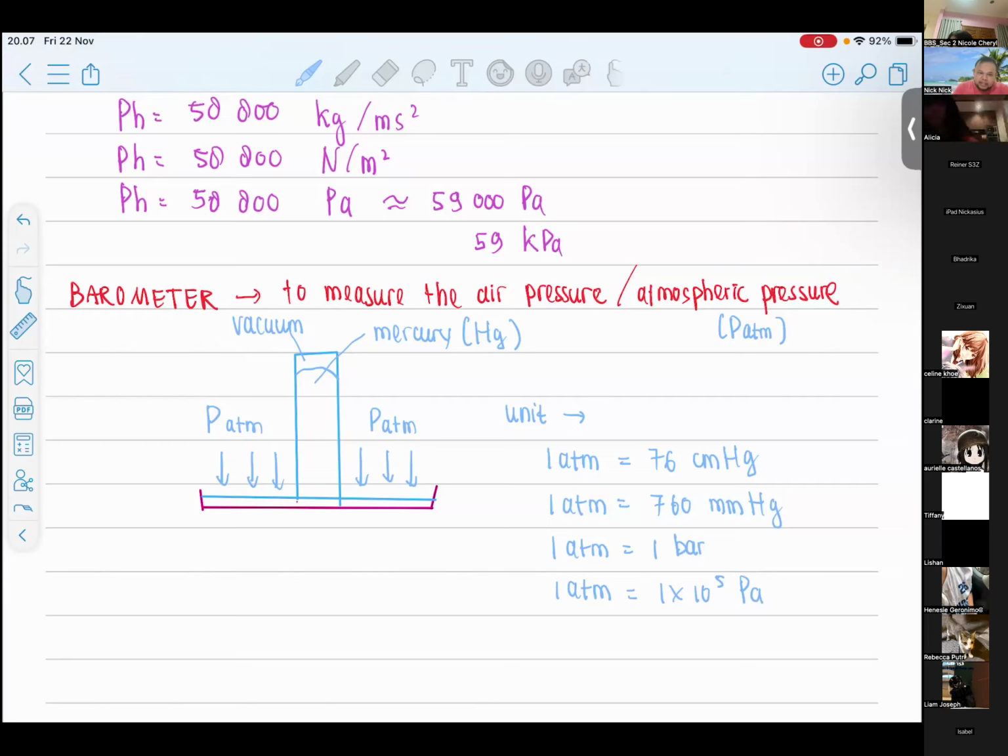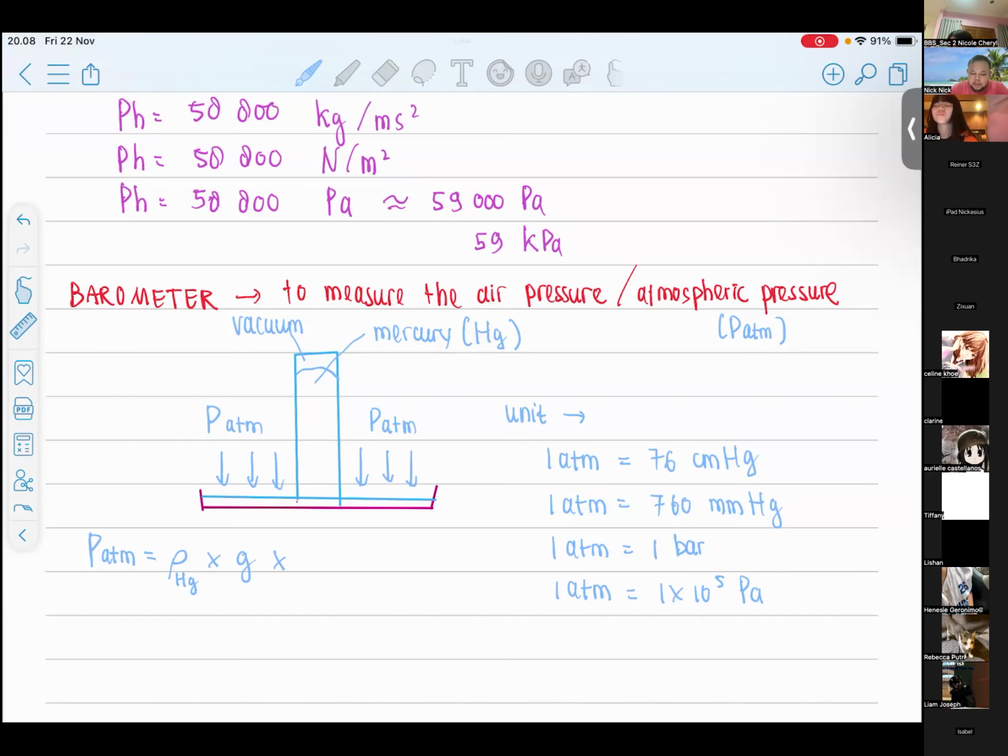Now, how do you calculate the pressure of atmosphere? The density, density of what? Mercury. Density of mercury times g times the height of mercury. Do you understand, students?